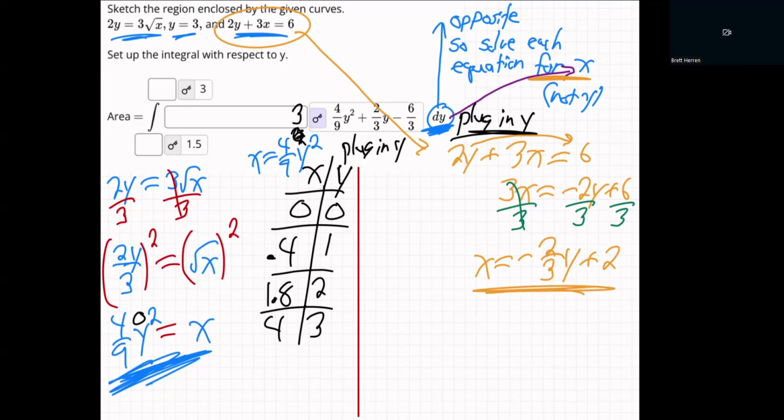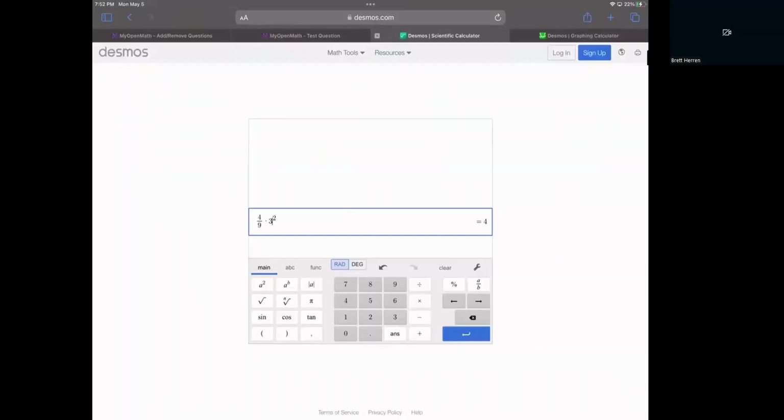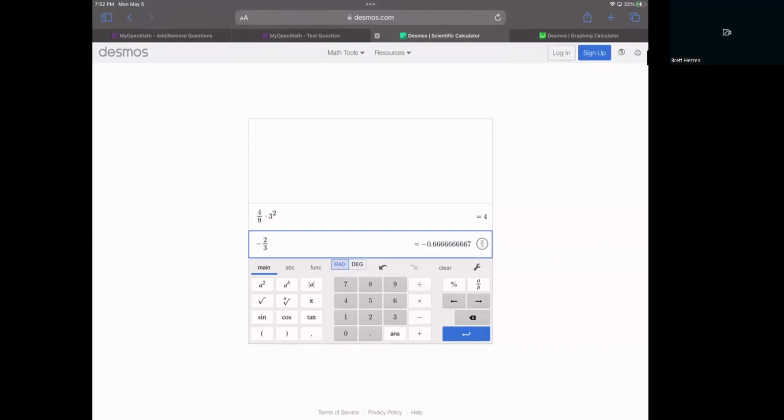And now we can make an XY table for that one. Again, I'm going to plug in 0 for y. If I put in 0 for y, what is x going to be? It's just going to be 2, because the y term goes away. Now, what if I plug in 1 for y? Minus 2/3 times 1 plus 2 is 1.333.